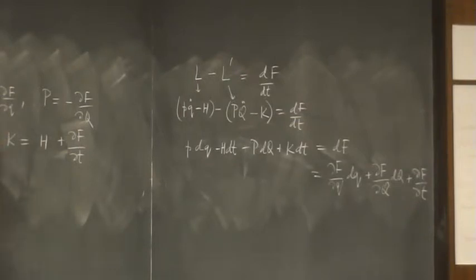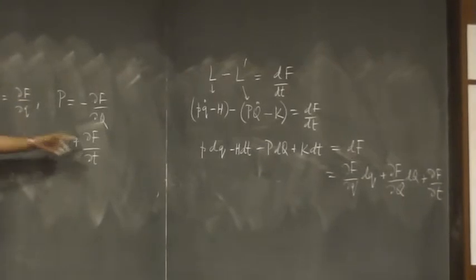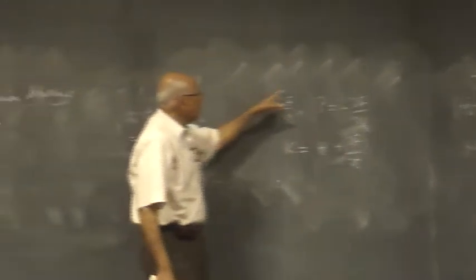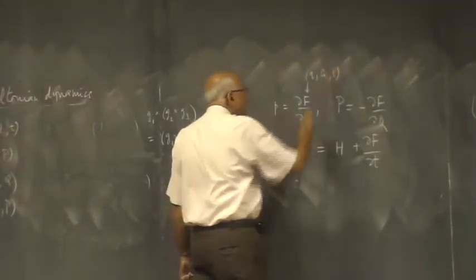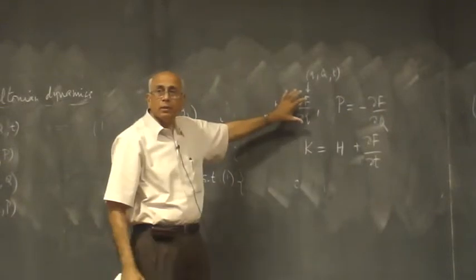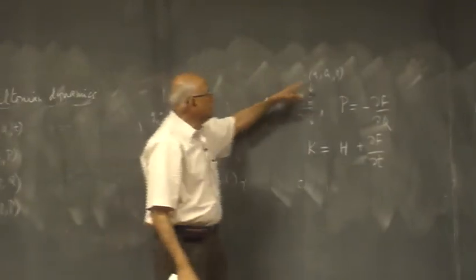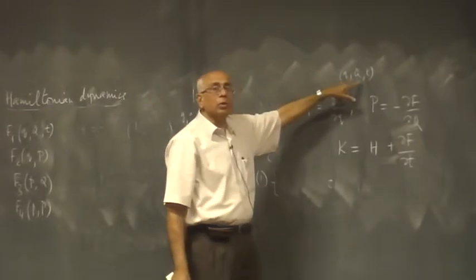So the first thing is, we want to find the capital Q's and the capital P's. I start by saying, I'll give you some little f, which is a function of all the little q's and capital Q's, and t possibly, of course. Then I look at this set of equations and I take it and eliminate the p's in favor of these q's.